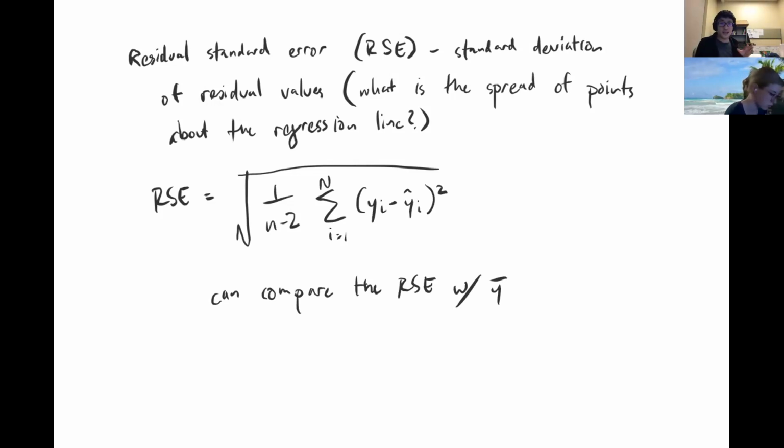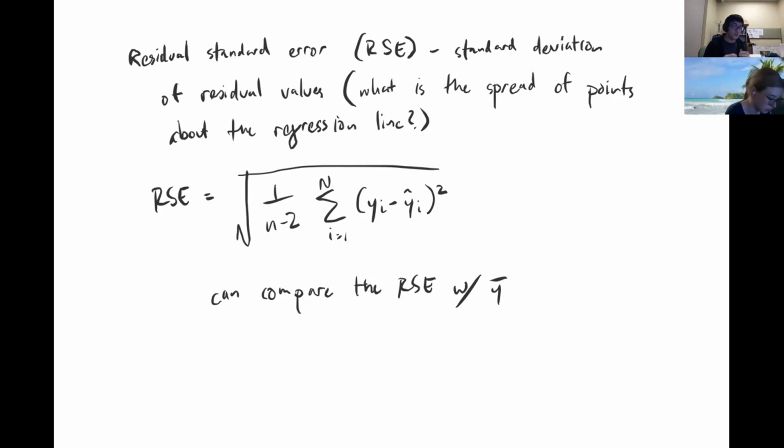So one of the things that is less handy about the RSE, as well as the MSE, which we'll talk about in a second, is that unlike the R squared, which is normalized to be between 0 and 1, the RSE and the MSE both can take values that are dependent on the context of the problem. And so you cannot directly compare a residual standard error in one model versus a completely different model.